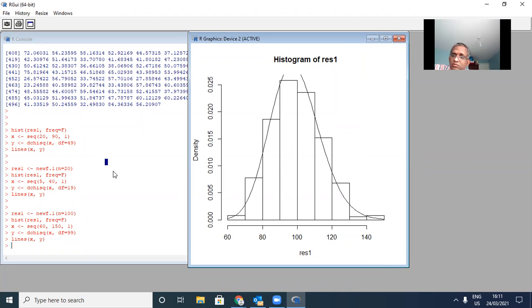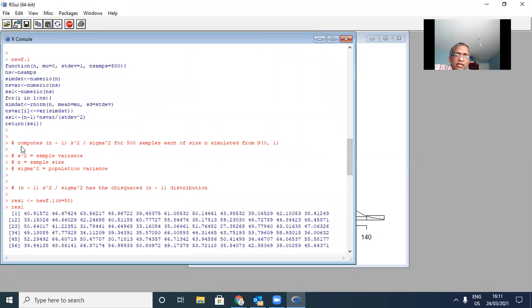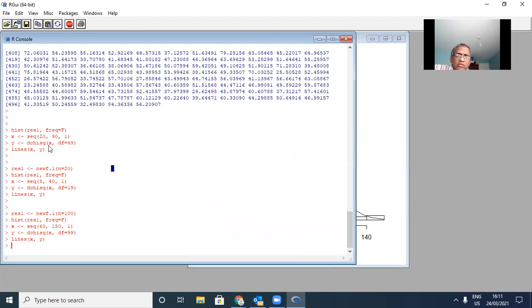Yeah, that's because, Vikram, that's because n was 50. Remember earlier here, I chose n to be 50. And the degree of freedom should be n minus 1. So 50 minus 1 is 49, right? That's why I chose the DF to be 49.